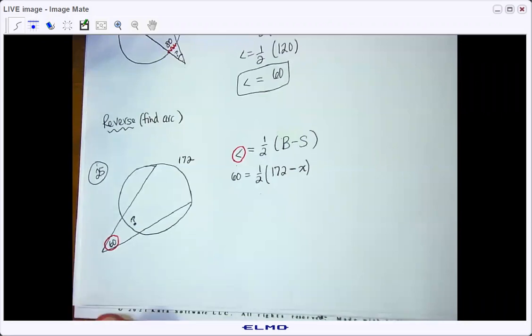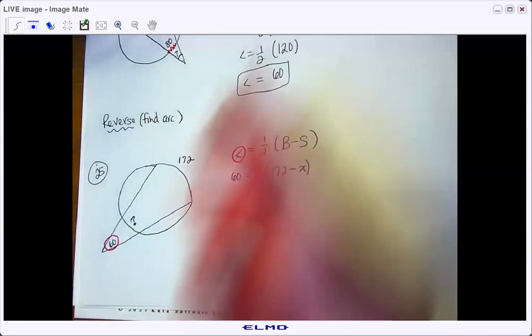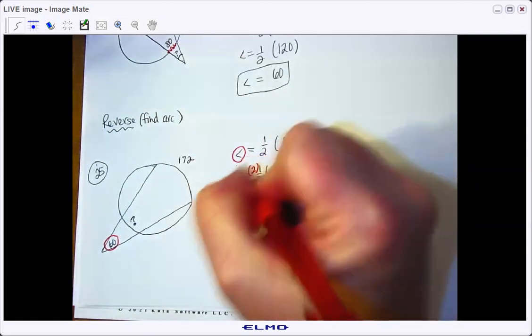So we say it out loud. How do we get rid of a divide by 2? Okay, thank you for putting it in the chat box. Multiply it to both sides was the response. So yes, I'm going to multiply both sides by 2.